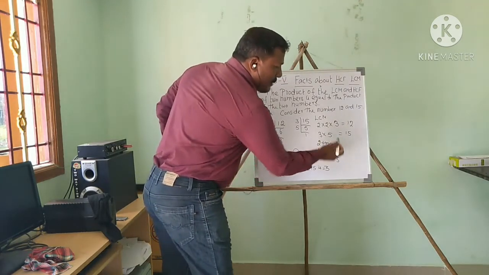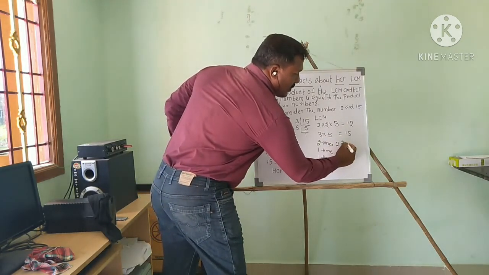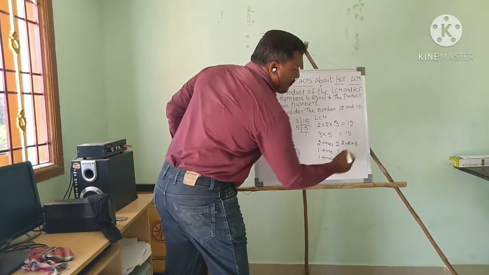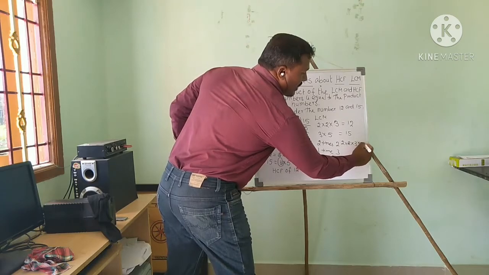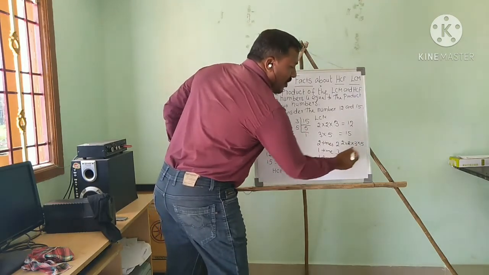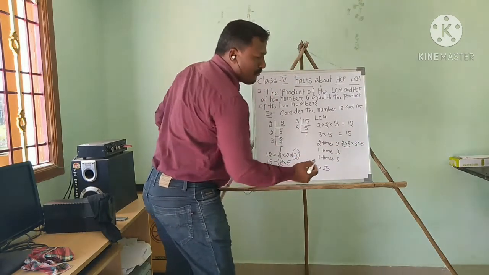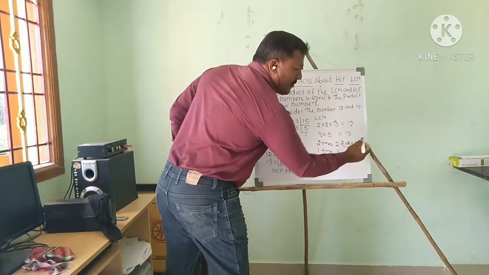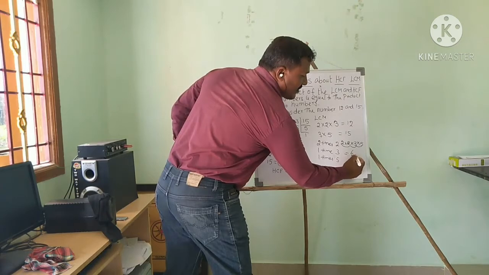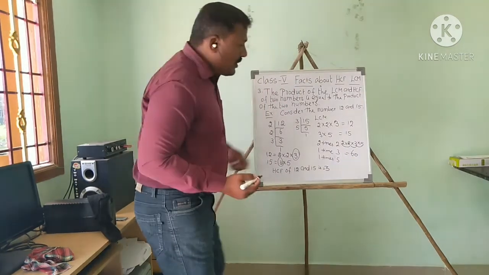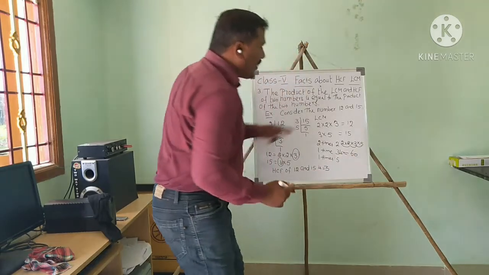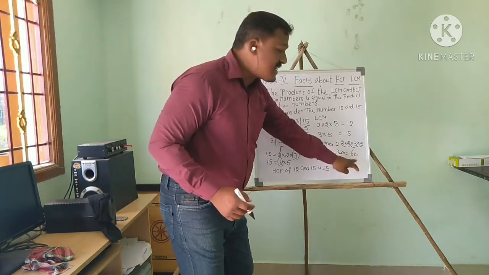So I will take 2 into 2, 1 time 3, so I will take 3, and 1 time 5, so I will take 5. If you multiply all this, 2 2s are 4, 4 3s are 12, 12 5s are 60. So now the LCM of 12 and 15 is 60.